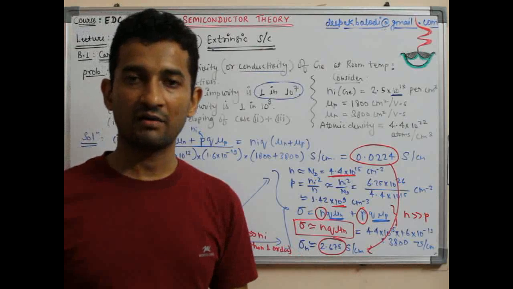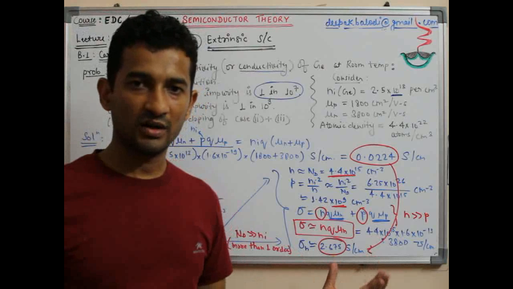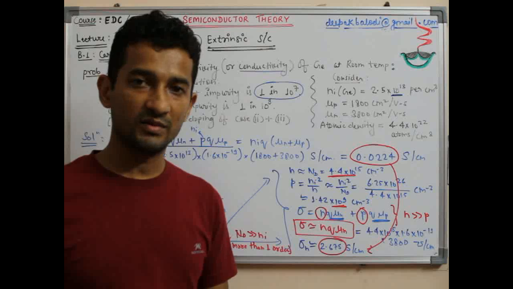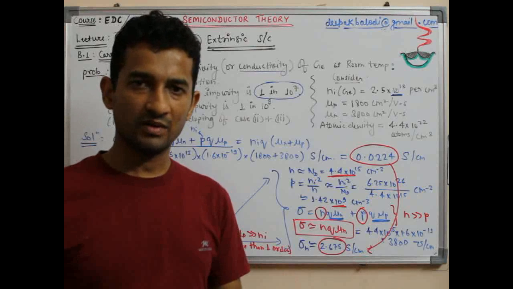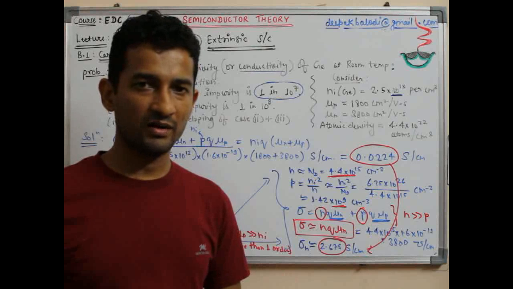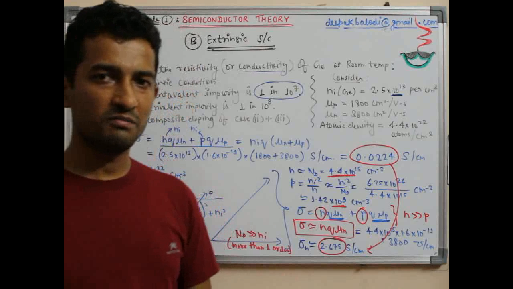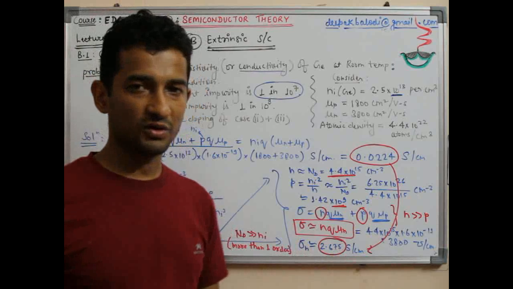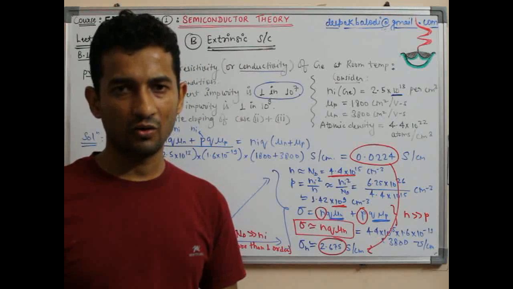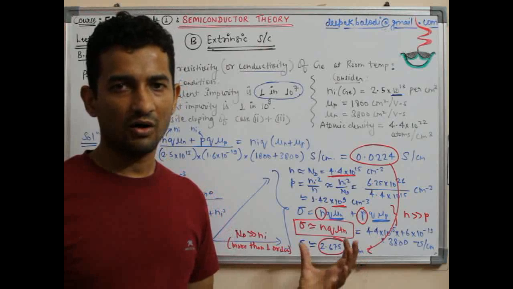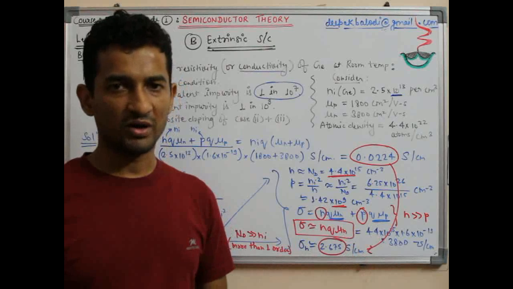Now if we apply an electric field, the majority carriers will dominantly give the current density. There will be some current density contributed by minority carriers, but that contribution would be much smaller than the contribution of majority carriers. So overall conductivity or current density is dominantly given by the majority carriers.